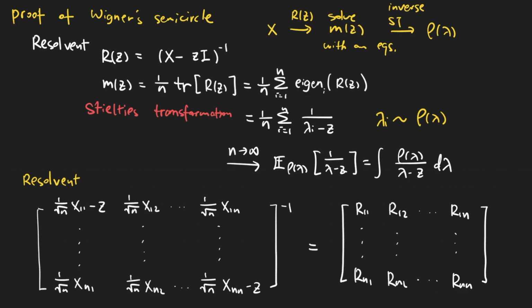Because we are only interested in the trace of this matrix, that means we're only interested in these diagonal values. We don't really care about the off-diagonal values. So it would be nice if we can just directly write out the formulas for the diagonal entries.